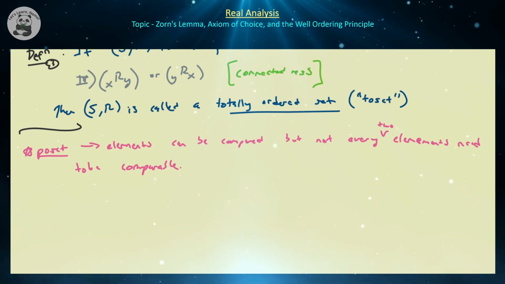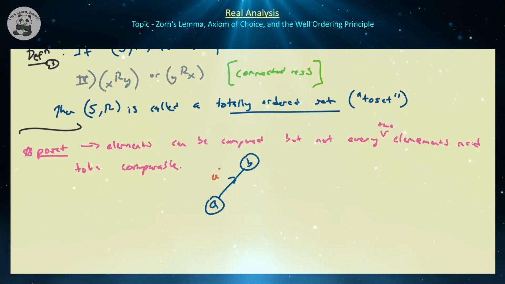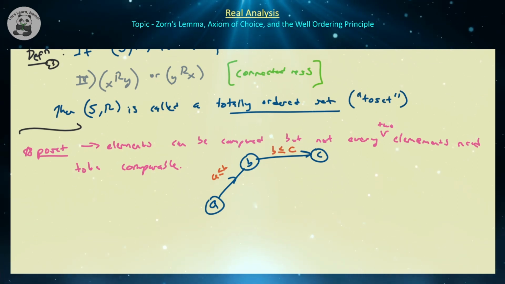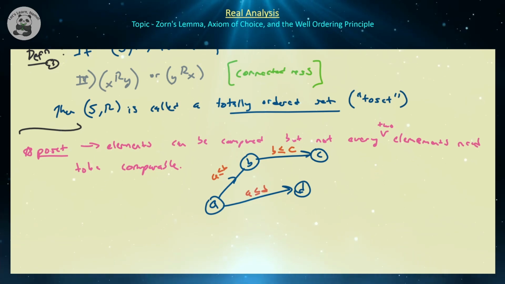So if we draw a little tree diagram here, let's assume we have, for example, A here, and B here. In this notation, I'm implying that A is less than or equal to B, and if I draw this little arrow here to some C, then that means that B is less than or equal to C. Now if I draw a little branch off of A, let's go over here to D, then this little arrow means that A is less than or equal to D, right?